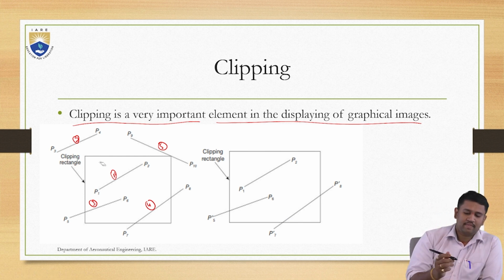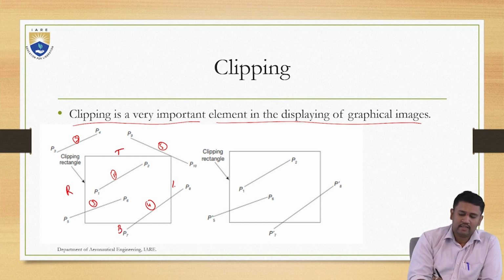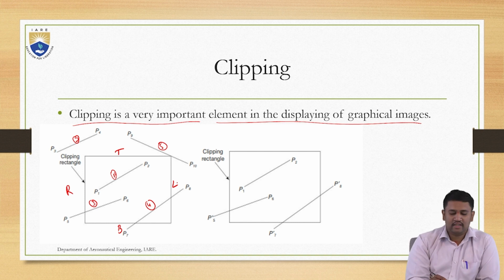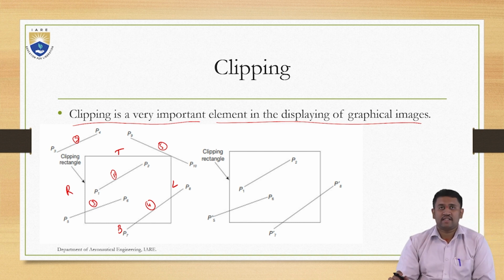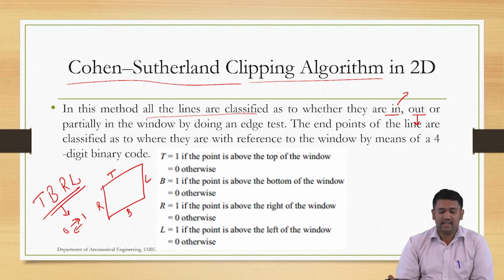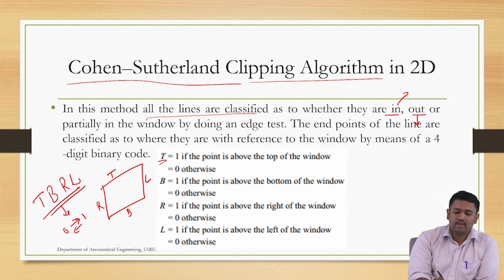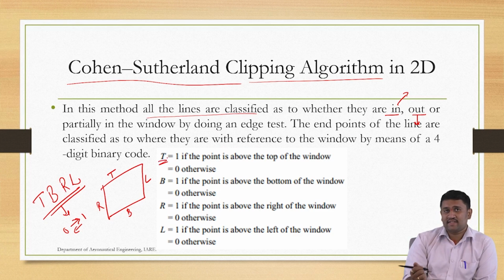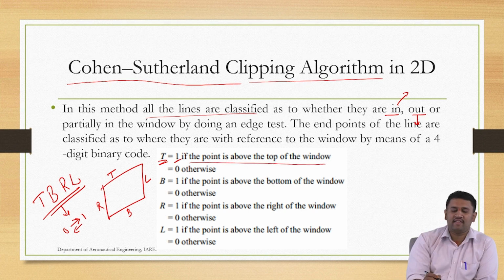Now, under this clipping rectangle, what is my top surface? Top, bottom, right, left, right? Whenever this particular algorithm is applied, what happens? From the top, it checks whether there is any point above the top of the window. If there are any, you assign a value of 1. If not, it will be 0.